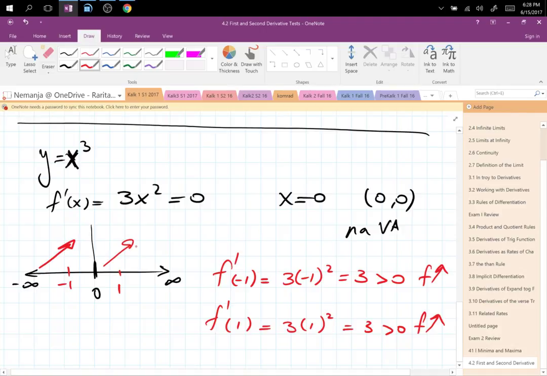You have increase on both sides, which correlates very well with the cubic graph. You see that it's always increasing, right? The cubic graph is always increasing, and calculus confirms that with this exercise.